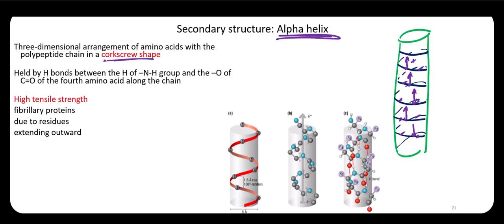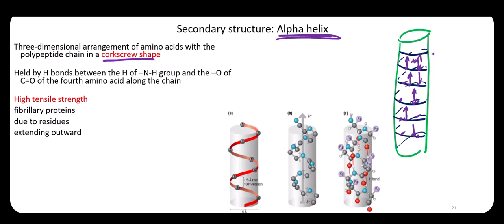You'll see the term corkscrew shape, but just picture winding something around. I'm holding it in place by the partial negative charge on a carboxyl oxygen being attracted to the partial positive charge on an amino hydrogen, every 3 to 4 amino acids, like amino acid number 1 attached to number 4 and number 8, and so on, because it takes 3 to 4 rounds to go around. So that's my alpha helix.